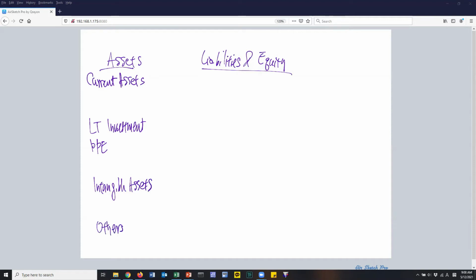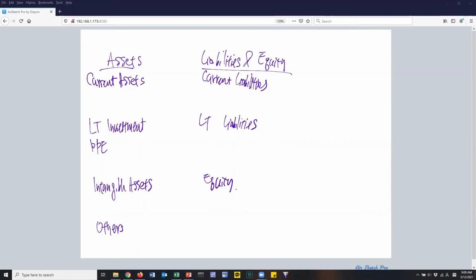And under the liability and equity part, we have current and long-term liabilities and equity. Meaning on the assets side, there are two types of assets: one is current, the other is non-current. Likewise, in liabilities, we have current and non-current or long-term liabilities.